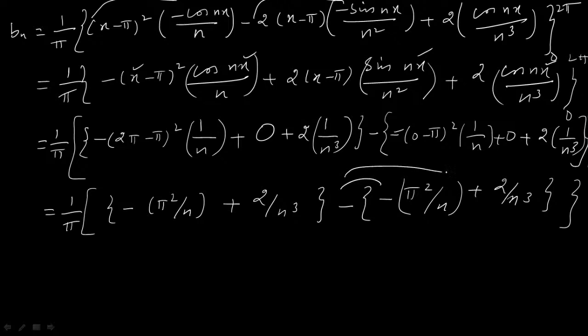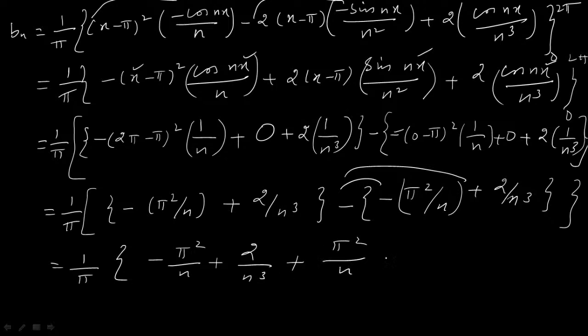If you take this minus inside, what happens here is 1 by pi of pi square by n plus 2 by n cube plus pi square by n minus 2 by n cube.